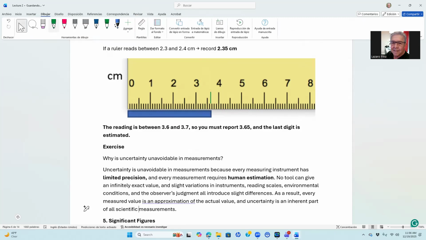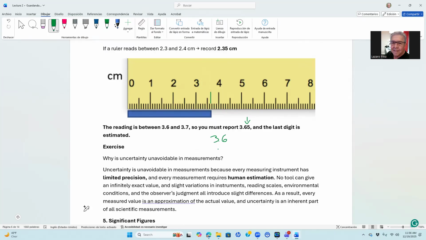Let me stop here and let me tell you something. For example, this is very clear. If the measurement is between 3.6 and 3.7, you're going to estimate the last digit. The last digit in this case is 5. But suppose that it is sharp at 3.6. Then you are going to say 3.6, that's the number you have to report?